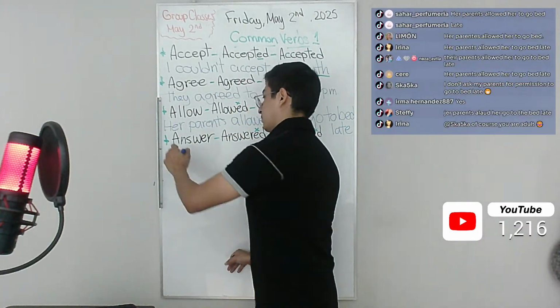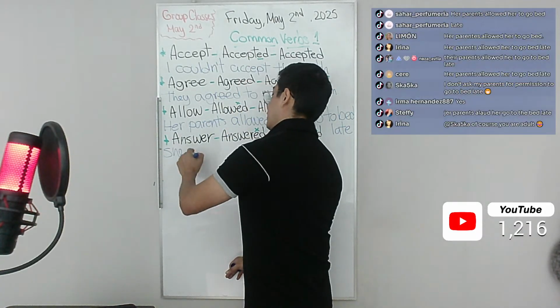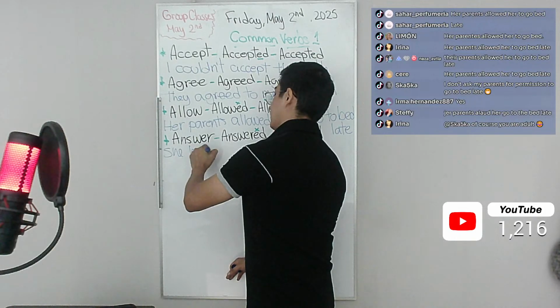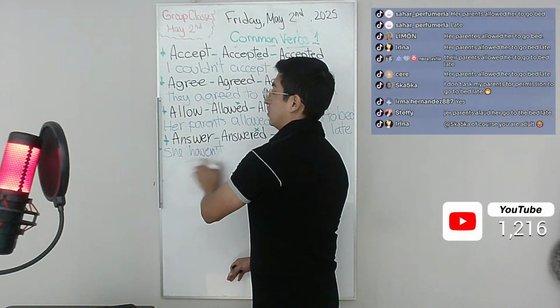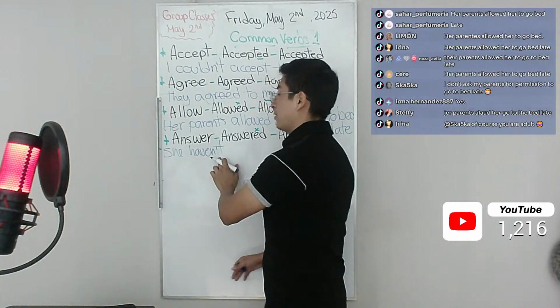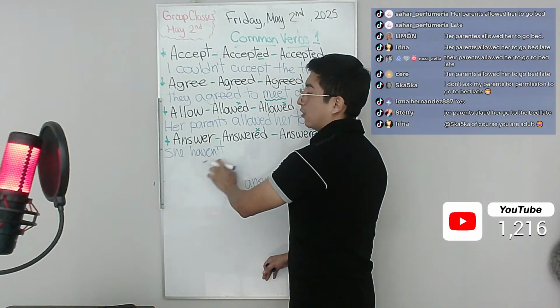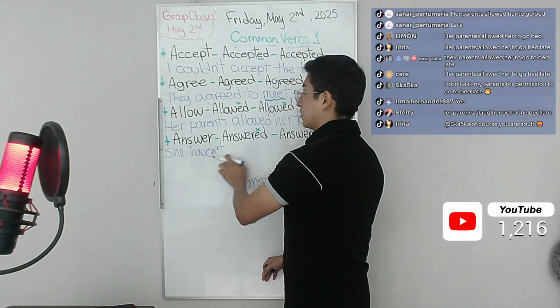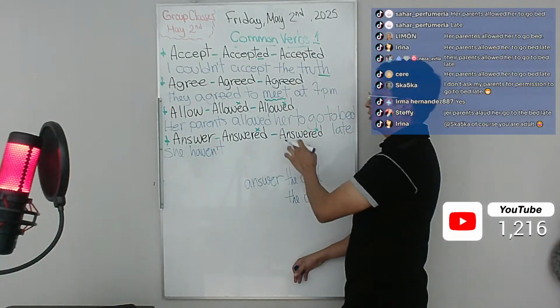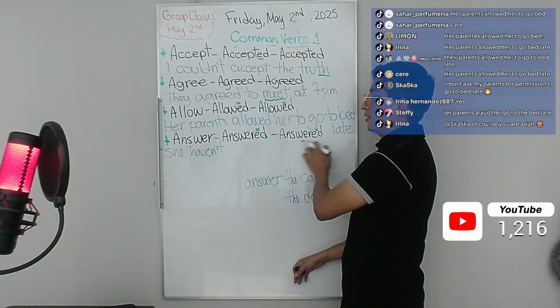Look at this. She haven't. Okay, this is present perfect. She haven't answered. So if we have the auxiliary of the present perfect, we need to use this. Okay, haven't answered.